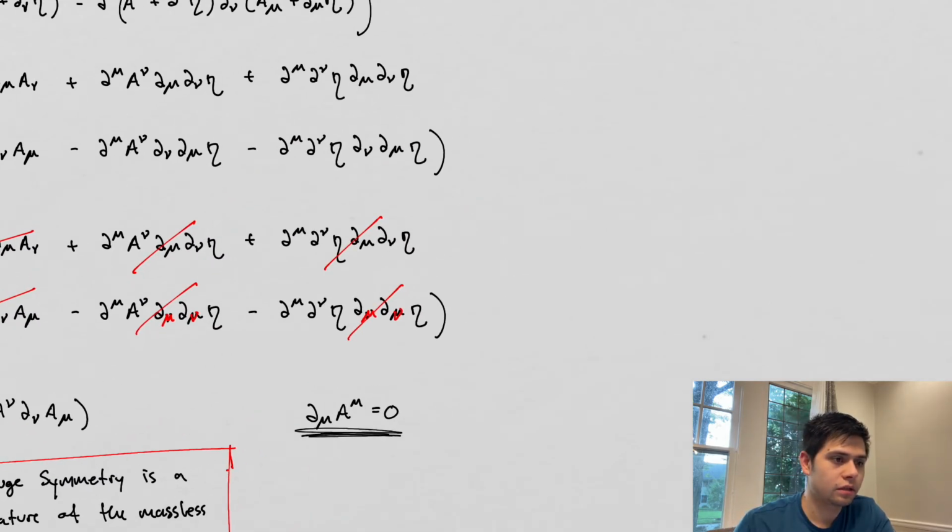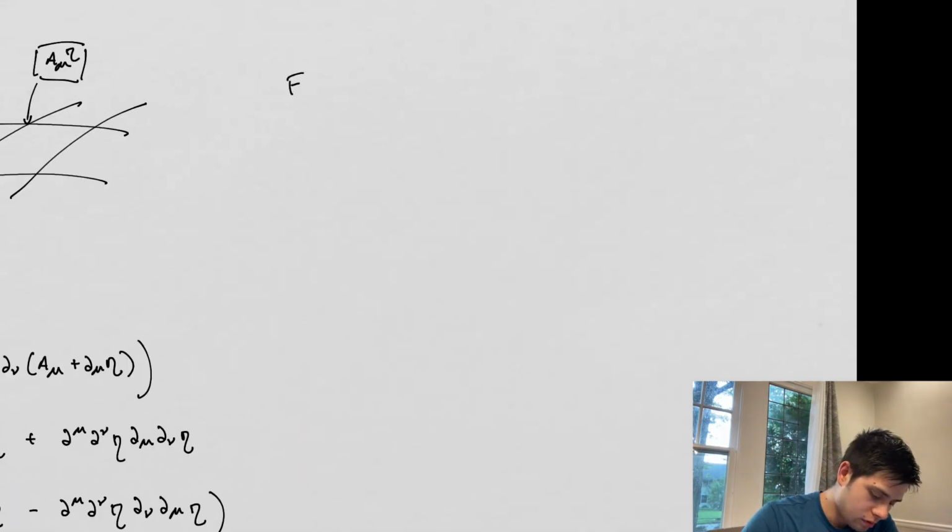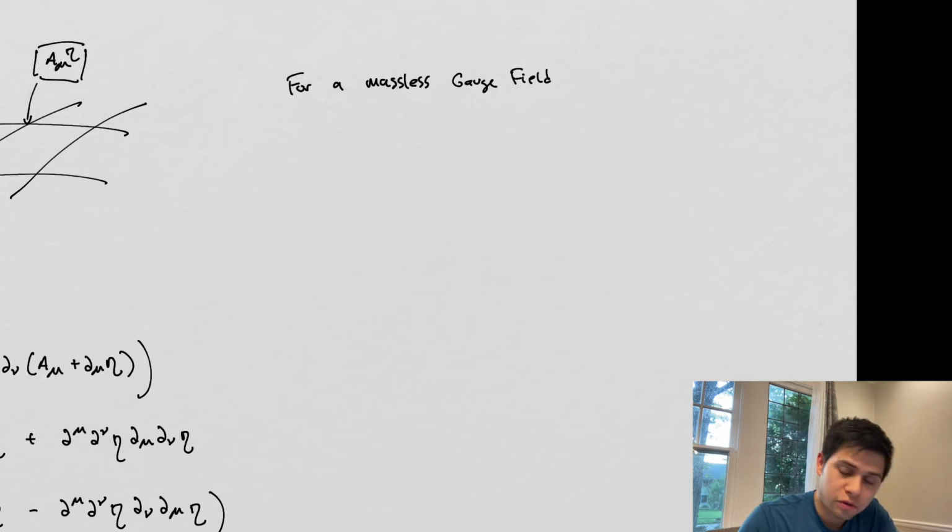And again, for a massless gauge field, the dispersion relation was m squared equals k mu k mu. But if m is 0, in this massless case, we get that 0 equals k mu k mu.